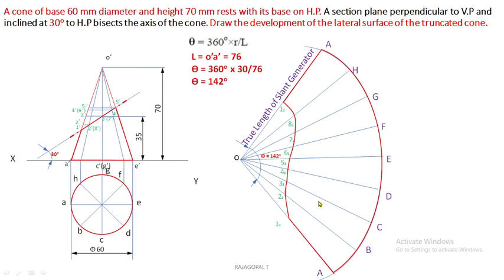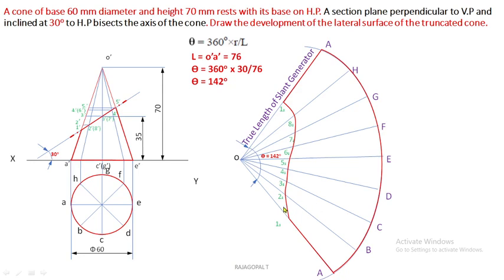Here you have to remember this formula. Always remember the circumference of the cone is 2 pi r. So L theta is equal to 2 pi r, where 2 pi is 2 into 180 degrees, 360 degrees, r is the radius of the cone, and L is the true length of the slant generator. You can measure it from the front view. After identifying this inclination, you can divide the 142 degrees into 8 divisions.